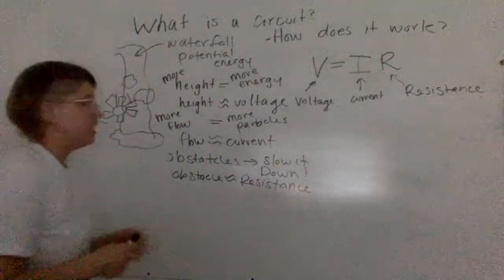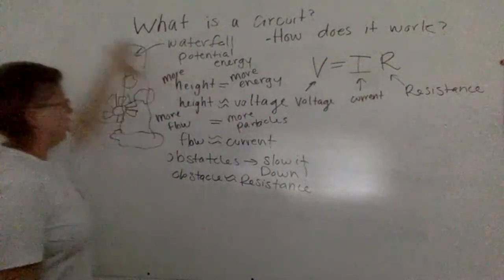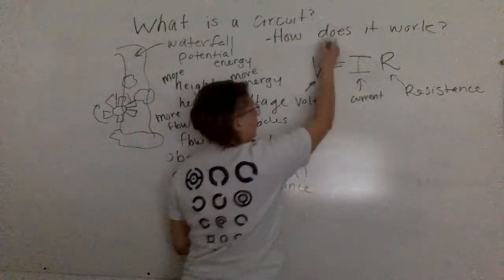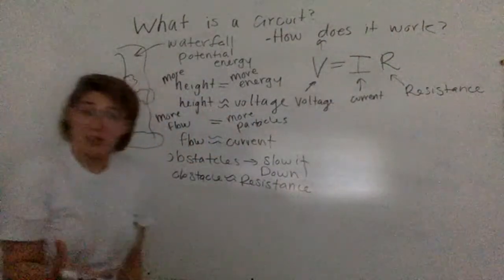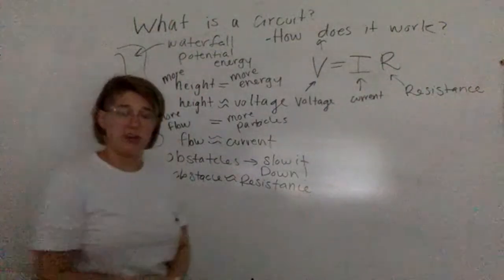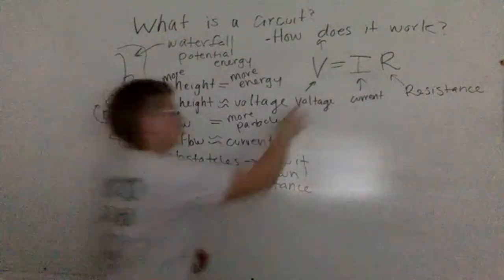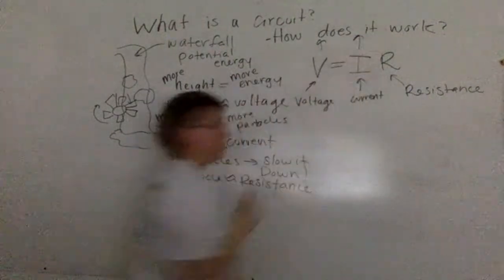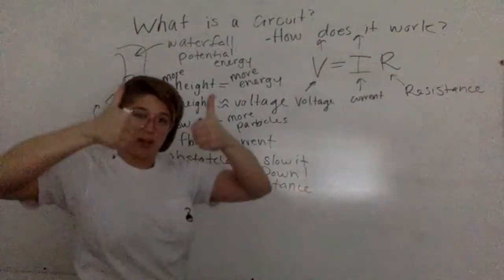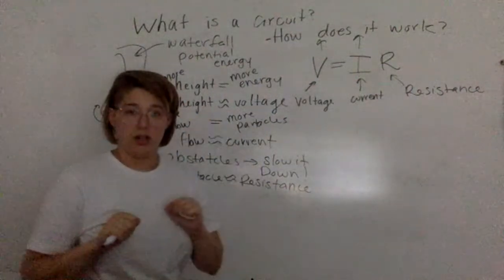And so what we're seeing is if we have more voltage, a higher waterfall, I'm probably going to get more current, right? Because the higher the waterfall is, the faster that waterfall is going to go, and that flow is similar to our current. So more voltage means more current. Remember we talked about a directly proportional relationship. So the more voltage, we're going to get more current.